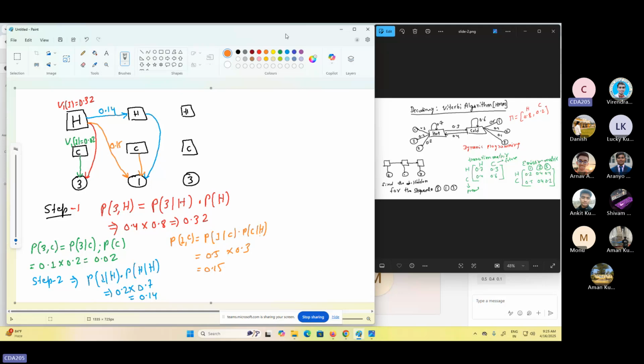Now we can see another value. One value will come from this to this also. That is P(1|H) into P(H to C).